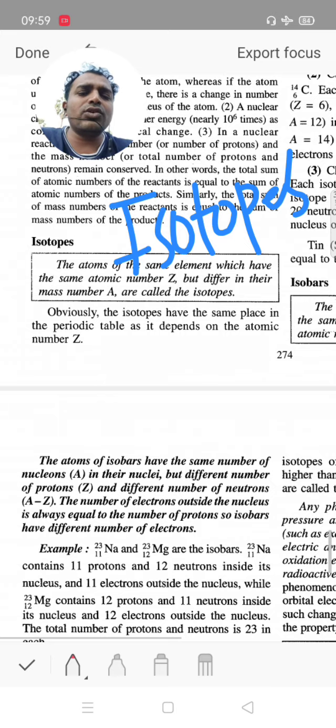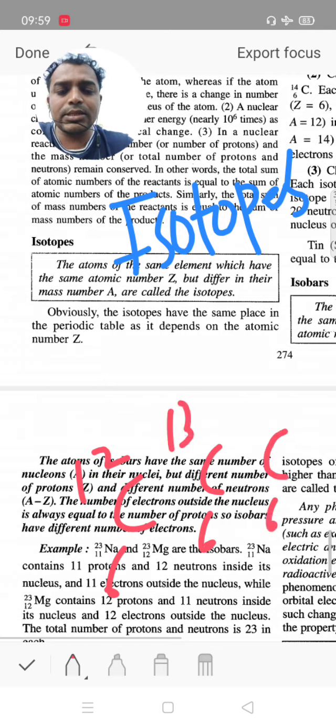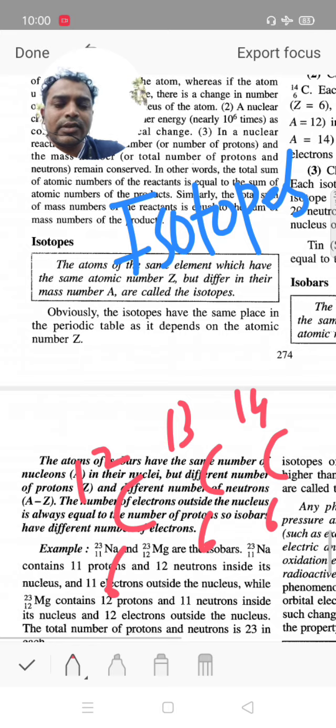Now isotopes of carbon: carbon-12, carbon-13 and carbon-14. Carbon-12 is normal carbon, carbon-13 is used to determine structure in NMR spectroscopy, and carbon-14 is used for calculating the age of mountains and fossils, as carbon dating.